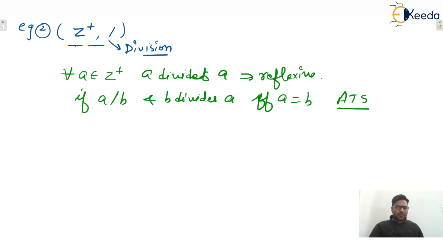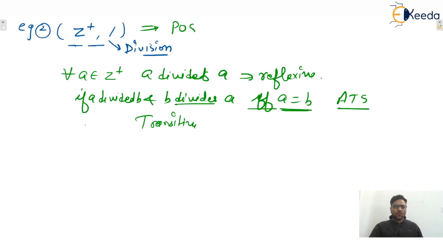Otherwise, if a divides b, then b doesn't divide a, unless both are the same. Similarly, if a divides b and b divides c, then a divides c as well. That's why it is transitive as well. So this set is a partially ordered set, or poset.